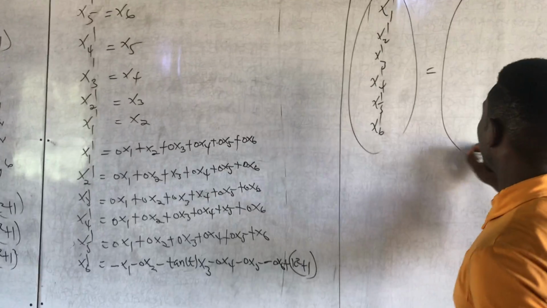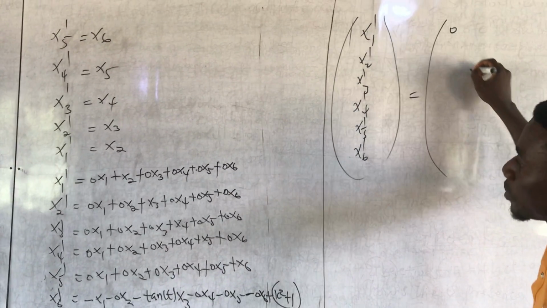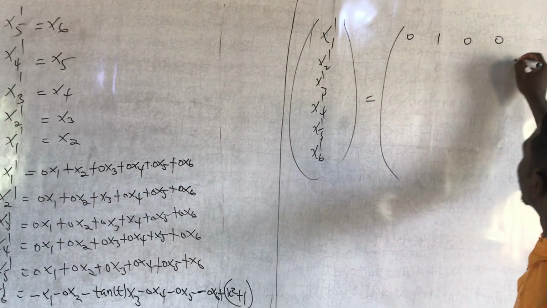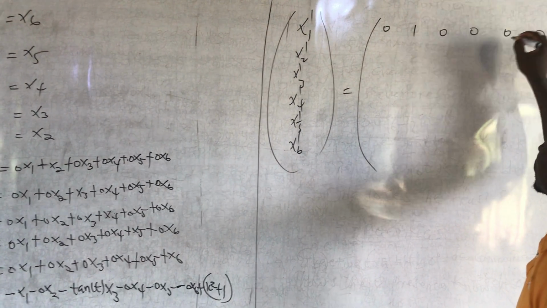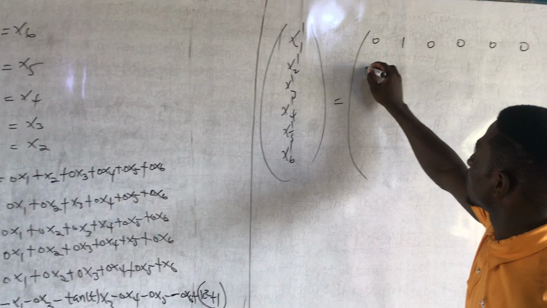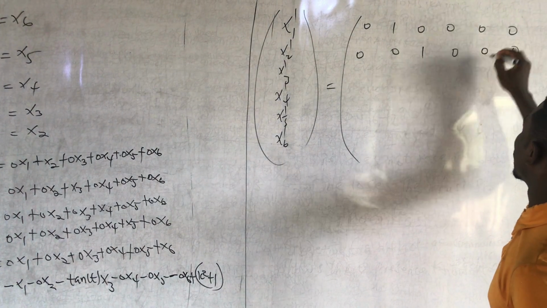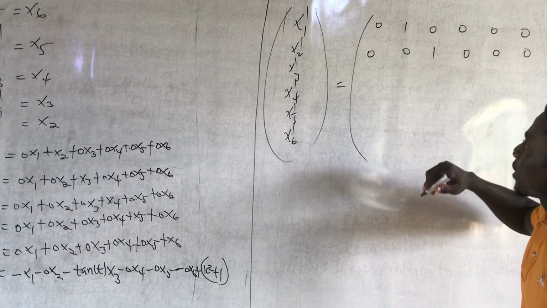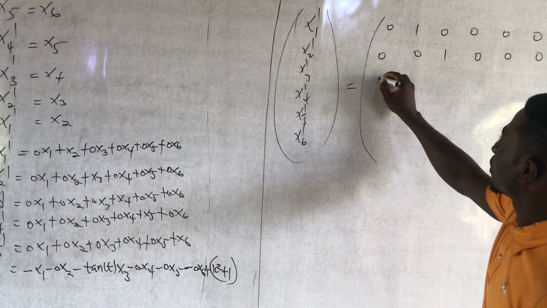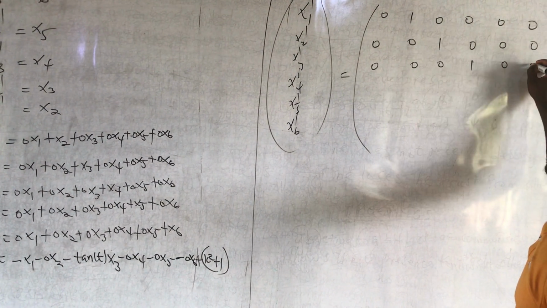This is equal to, now our first x1 prime equation is giving us 0, 1, 0, 0, 0, 0. This should be 1, 2, 3, 4, 5, 6. Then the next one is giving us 0, 0, 1, 0, 0, 0. Then our x3 prime is giving us 0, 0, 0, 1, 0, 0.